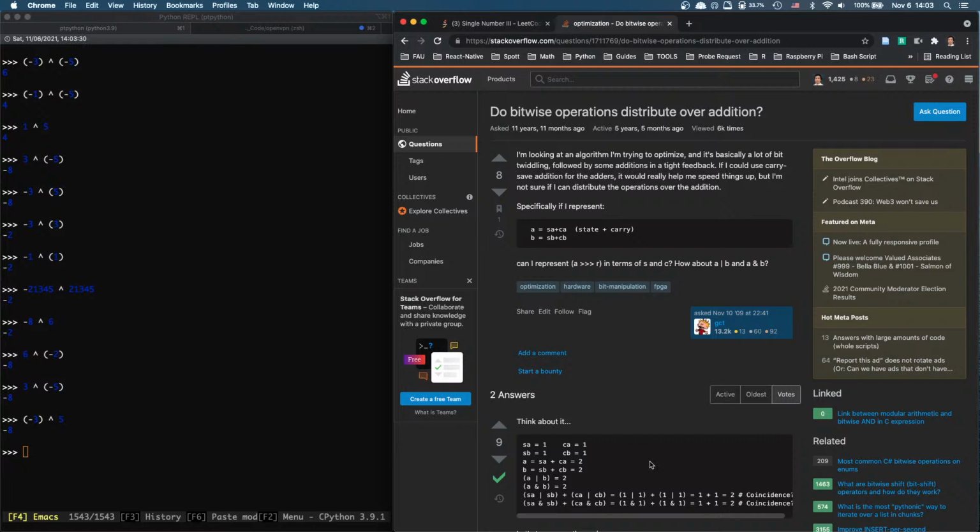But we need to find out the ones that are duplicate. How do we find one that's duplicate while everybody else is unique? You can't.